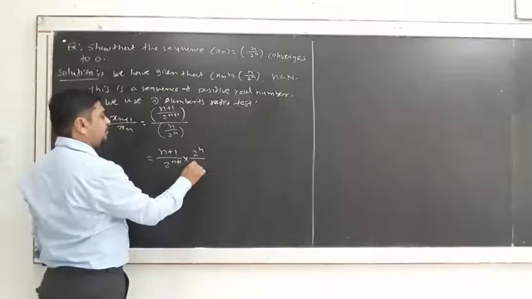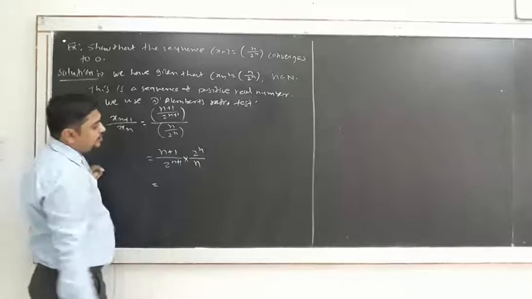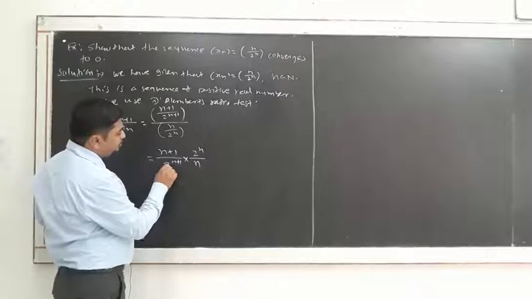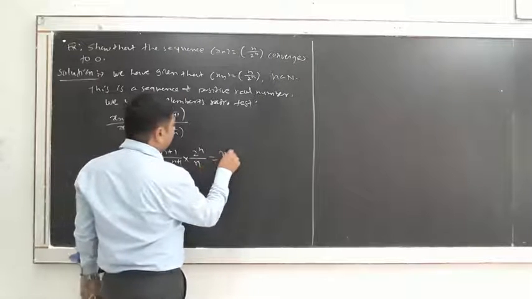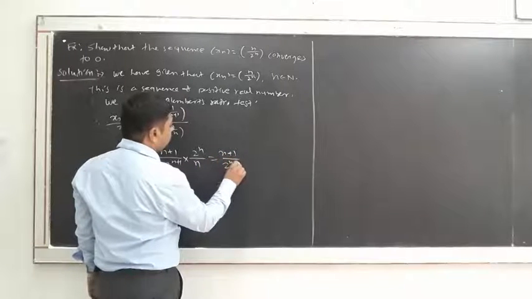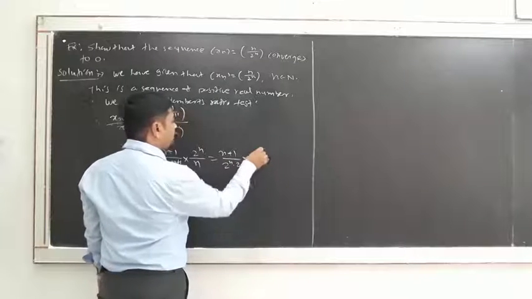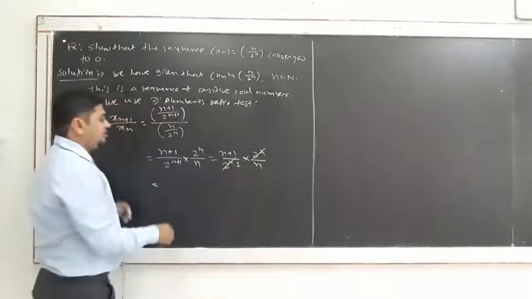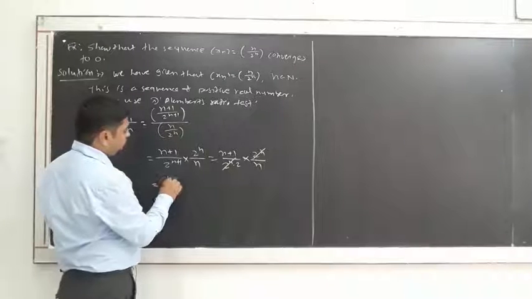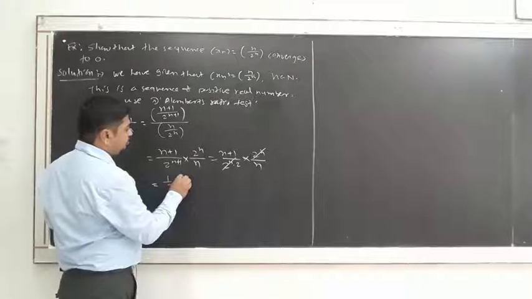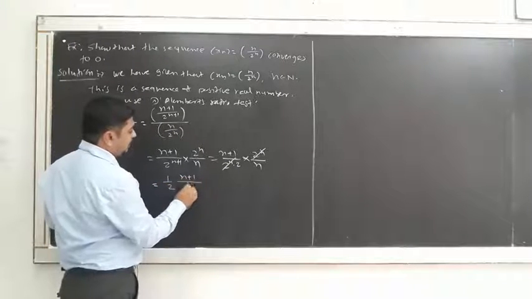Now what are we getting here? This 2^{n+1} can be written as 2^n into 2, so the 2^n gets cancelled, and therefore we have 1 upon 2 into n plus 1 upon n.